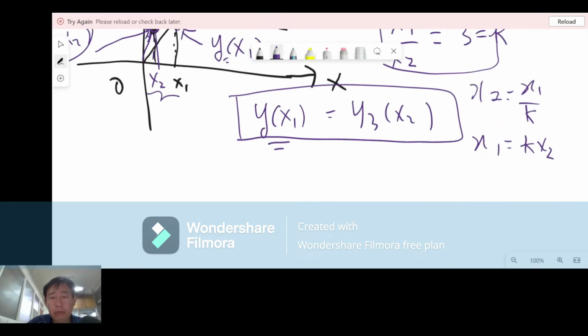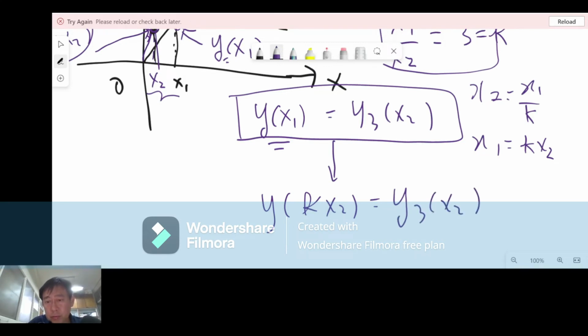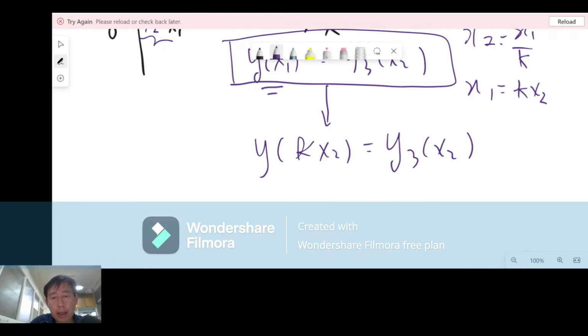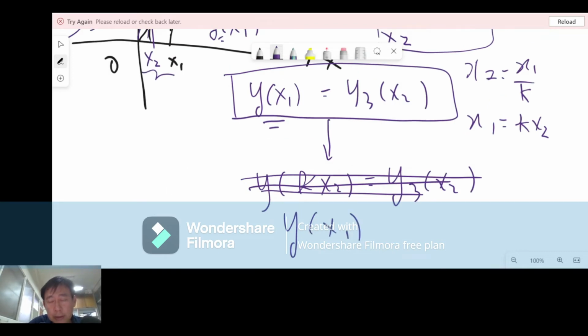So the better way is to write y of x1 equals y3 of x2, where x2 is x1 divided by k.